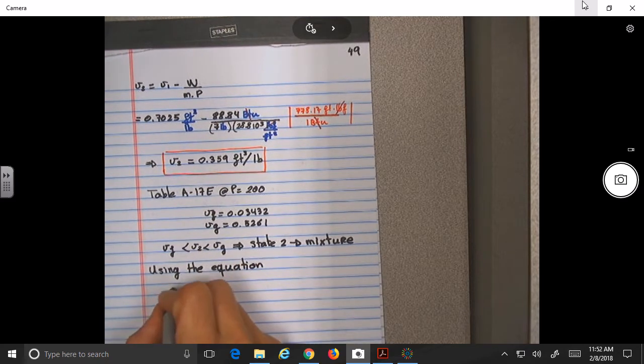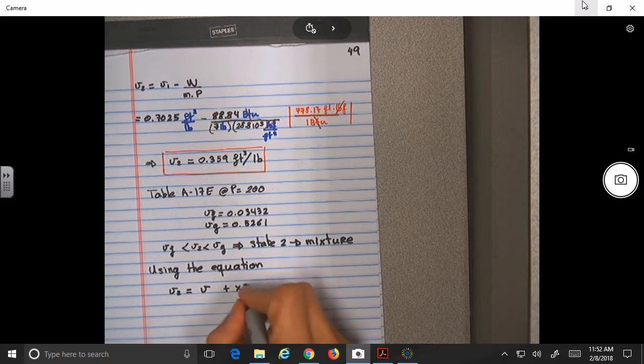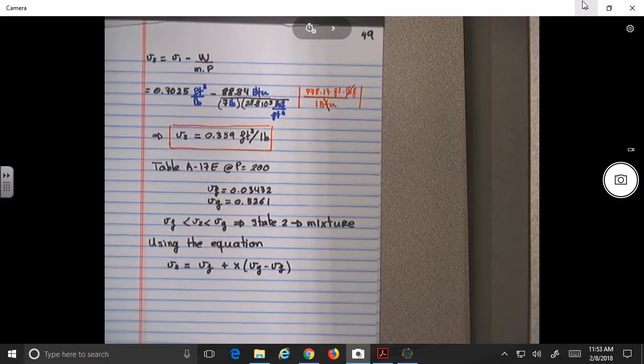Using the equation, we have V2 equal to V fluid plus x times (V gas minus V fluid). I think this one is V fluid here. Is that correct? Yes, on the page I gave you. That equation is the one on that page, remember, with the two figures? You can use that one.